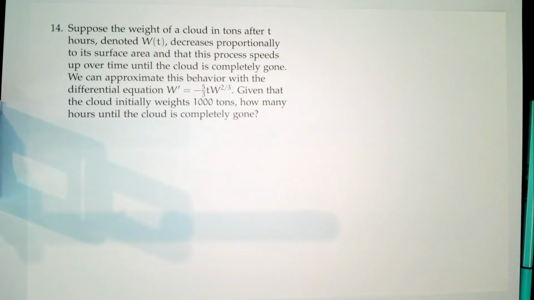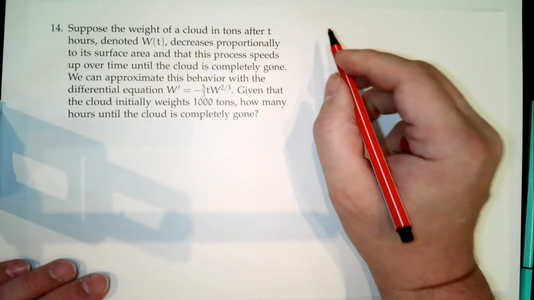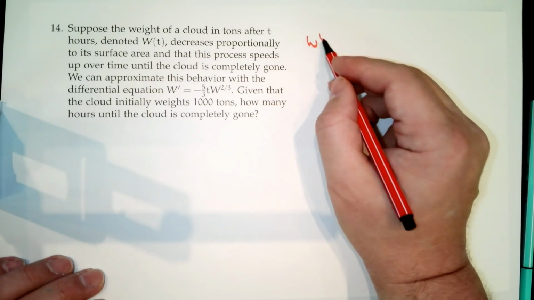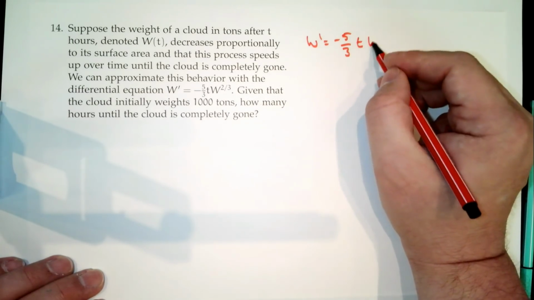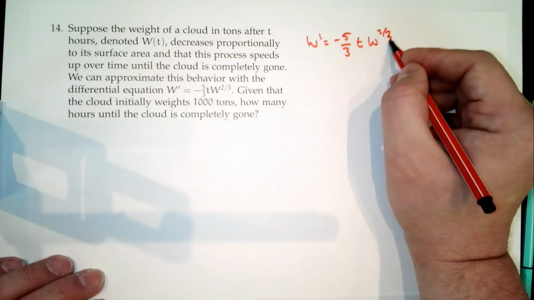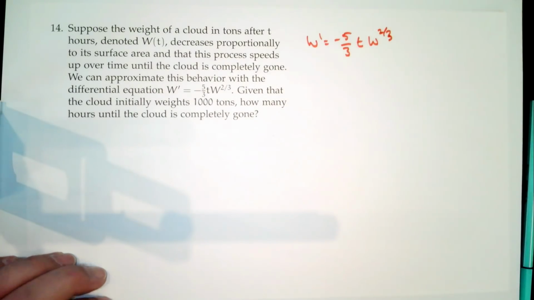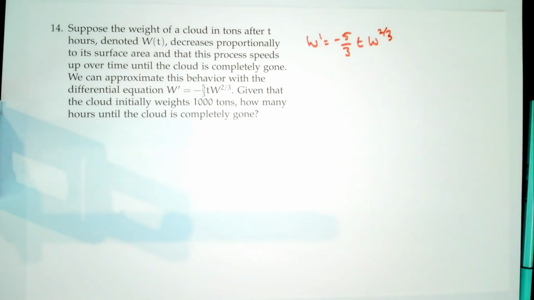Now, we can approximate this behavior with the differential equation. And it even gives us the differential equation. We don't even have to guess. W prime is negative 5/3 times t, w to the 2/3. All right? Given that the cloud initially weighs 1,000 tons, how many hours until the cloud is completely gone?